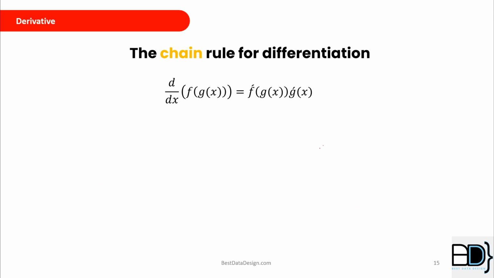Next, chain rule. When there is a function inside another function, we first get the derivative of the outer function, then the inner function. So in this case, the outer function is sine, which will be cosine of x2, multiplied by the derivative of the inner function, which is 2x.